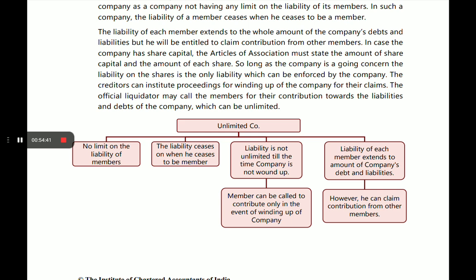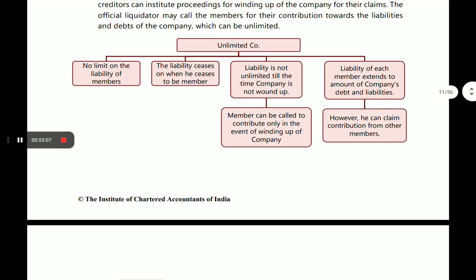Members can be called to contribute only in the event of winding up of the company. Liability of each member extends to the amount of the company's debts and liabilities. However, he can claim contribution from other members.